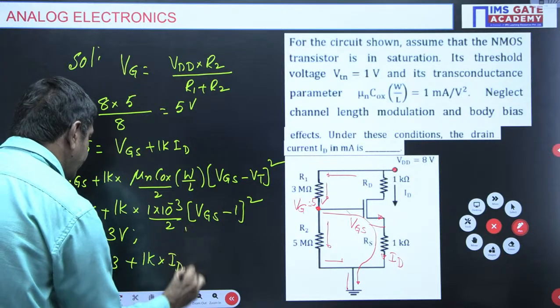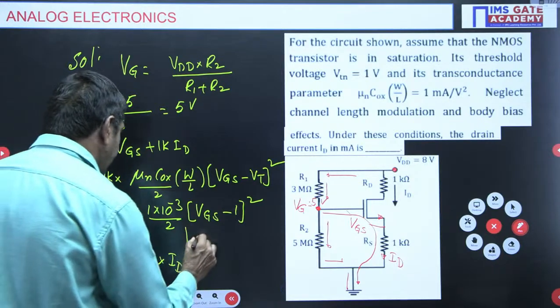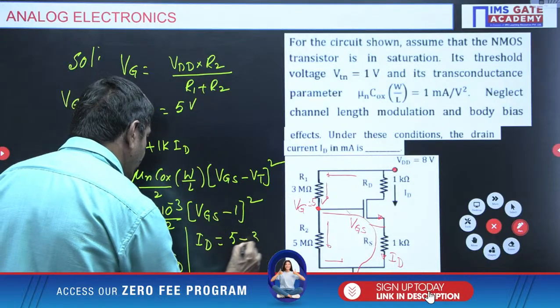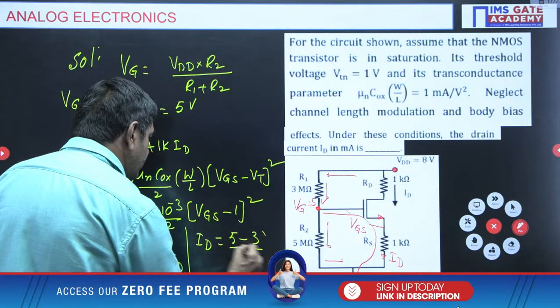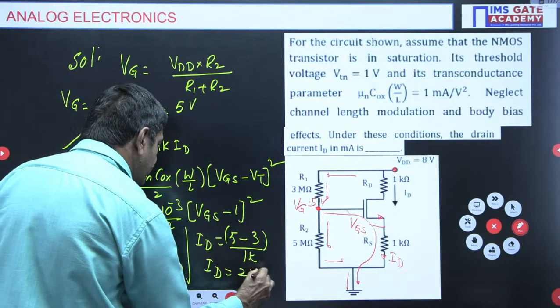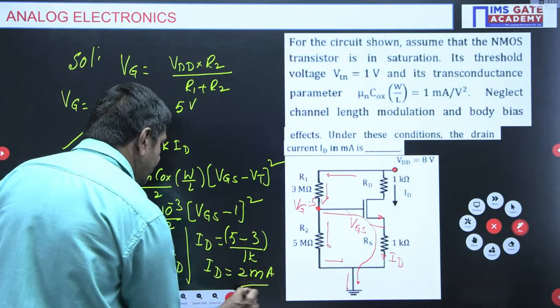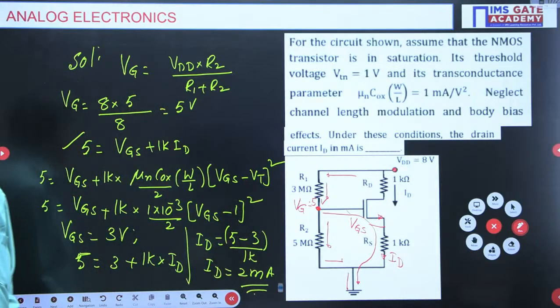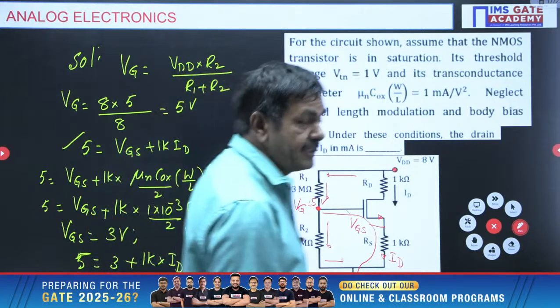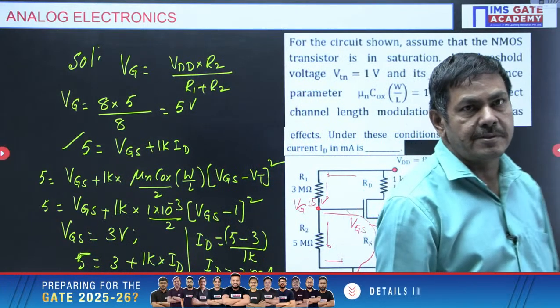ID is 5 minus 3 by 1K. So finally, ID is 2 milliamperes. This is the solution for this question. I hope you followed. Please note down that 2 milliamperes of current is possible.